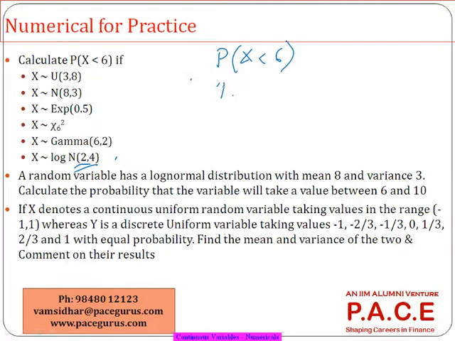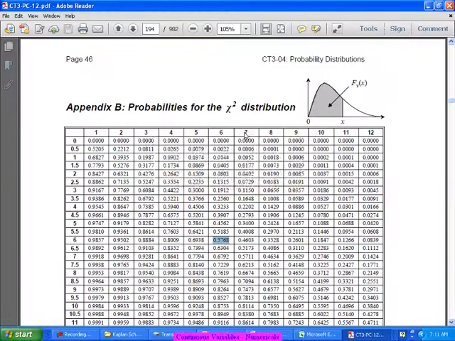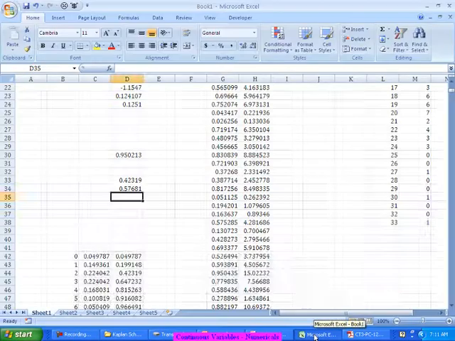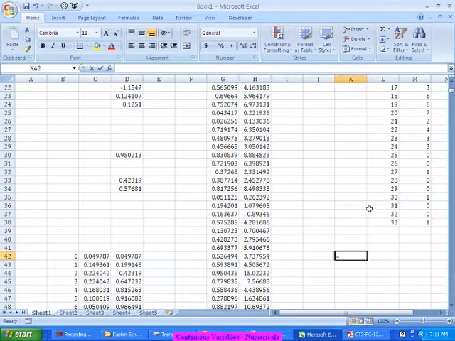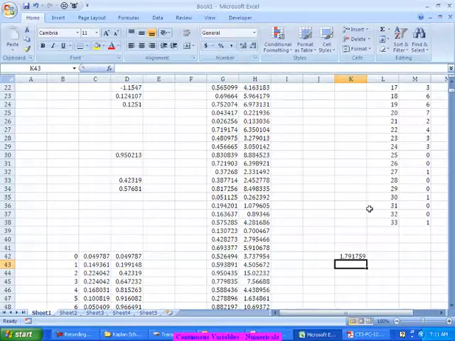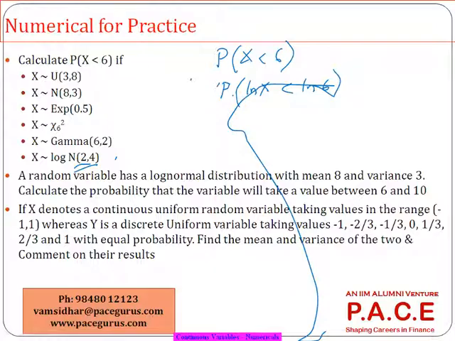So what I have to do if it is log normal is first do a log x. Probability of log x less than log 6. So what is log 6 here for me? Log 6 is 1.79.